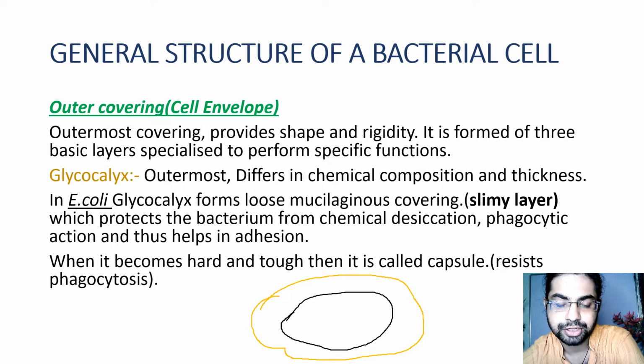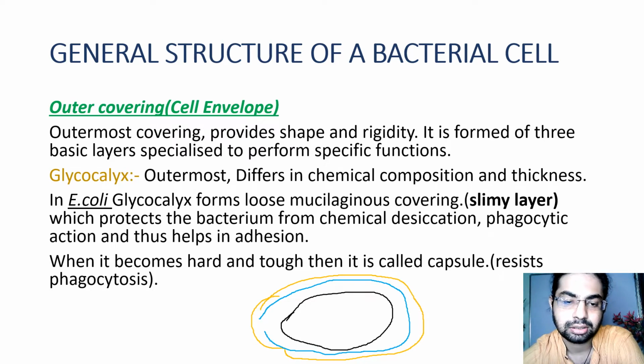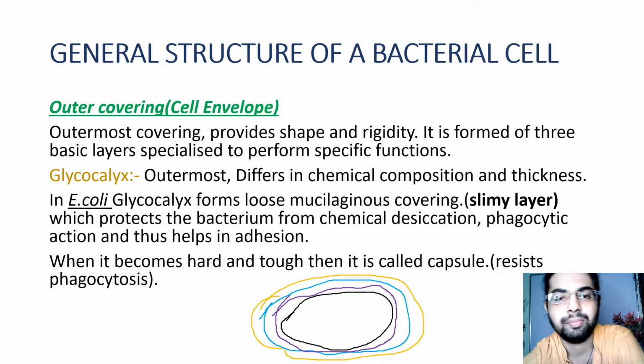One I have marked with yellow color. This is another layer, and finally the innermost layer is this. So these 3 layers together form the cell envelope.